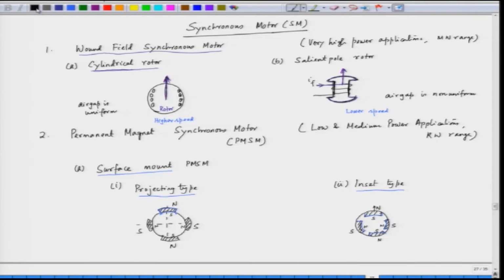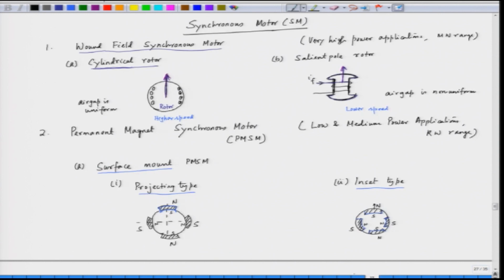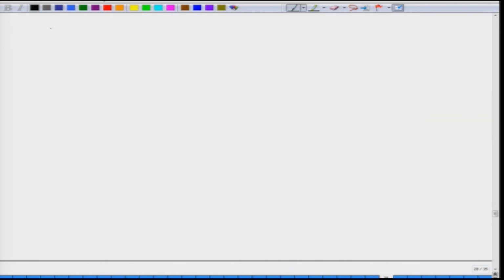We have another type of permanent magnet synchronous motor, which is called the interior permanent magnet synchronous motor. The magnets are buried within the rotor for better protection. This was the surface mount, and now we will have the interior permanent magnet synchronous motor.